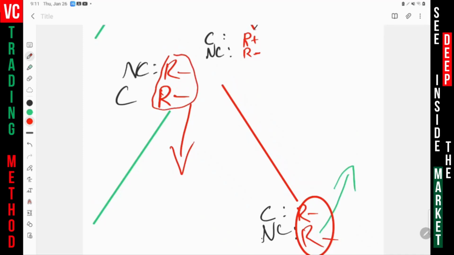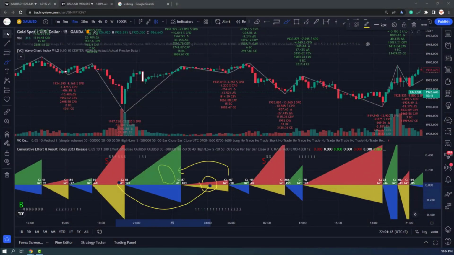When the continue and non-continue results are the same, the chances are more that price will reverse or continue, if both are positive or both are negative. So these are the use cases of these continue and non-continue comparison results.